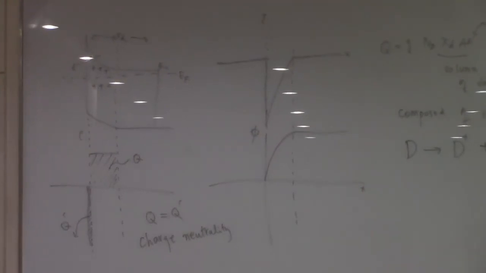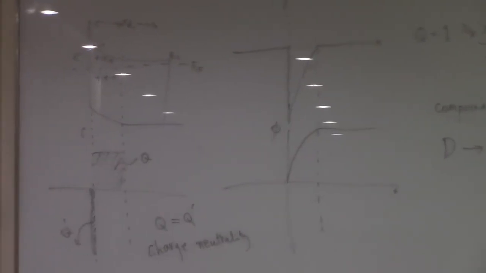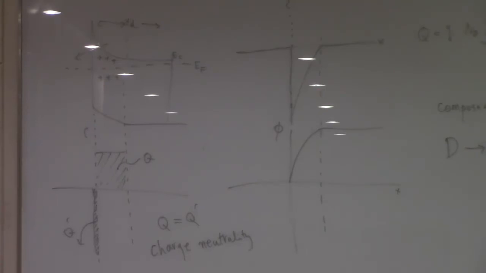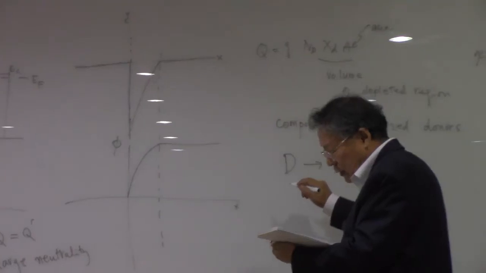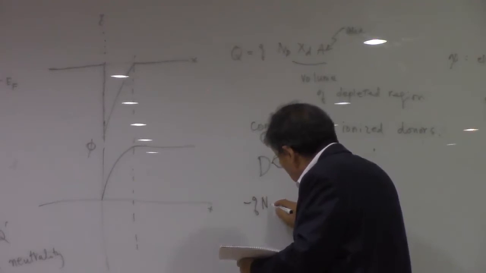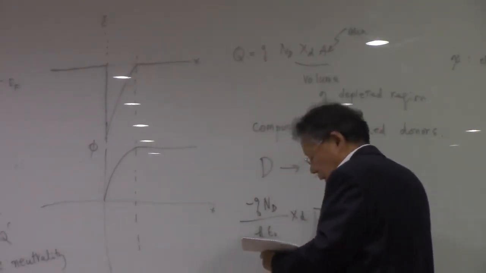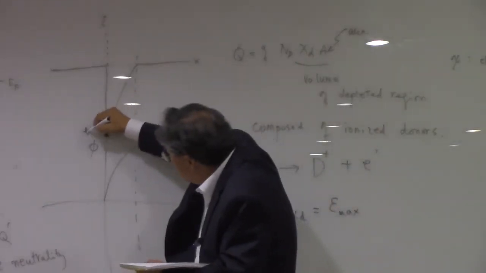But at the depletion region, because of the built-in potential and corresponding electric field, the electron has to be moved to the metal so that it can have net charges there. And actually we can calculate this part like ND over K E naught XD is going to be Emax, and that Emax corresponds to this part.